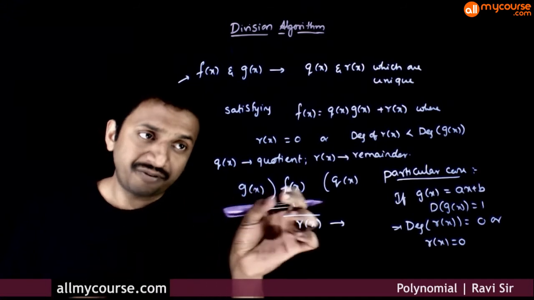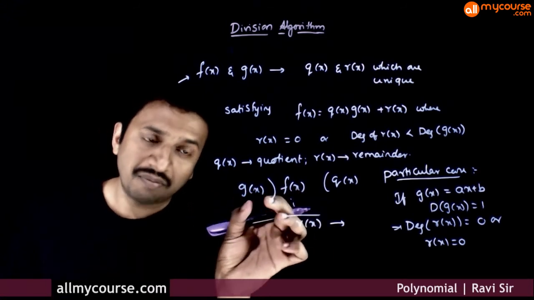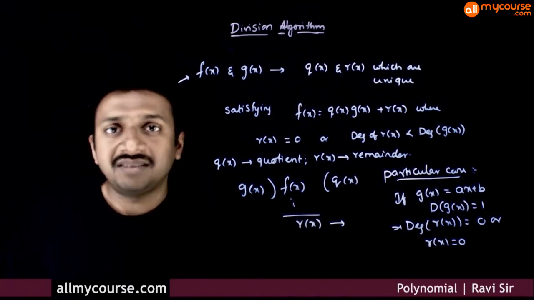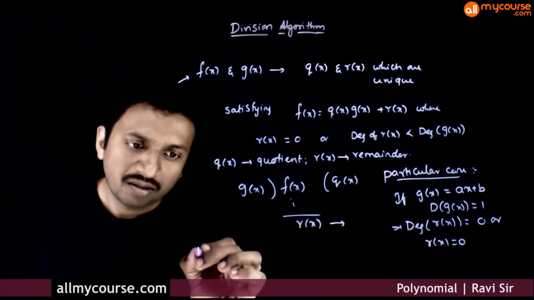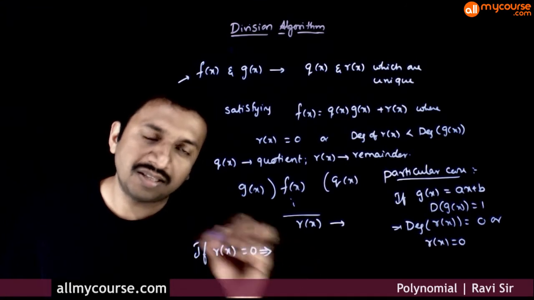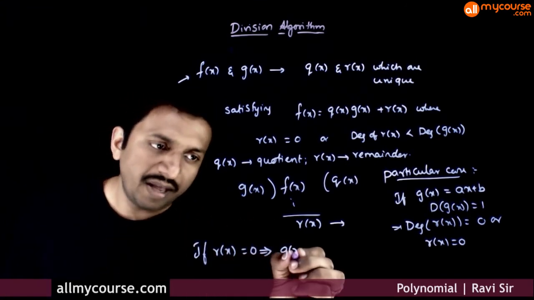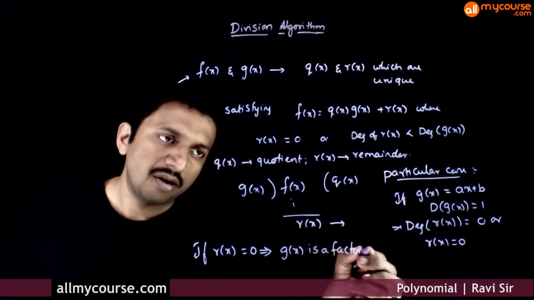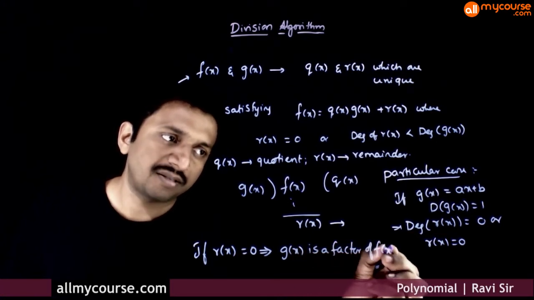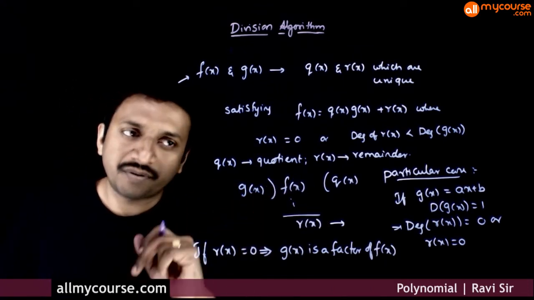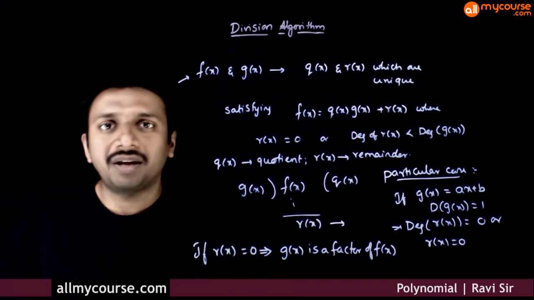And if on division of f of x by g of x you get r of x equal to 0, this implies g of x is a factor of f of x. So we say that g of x is a factor of f of x if the remainder becomes 0.